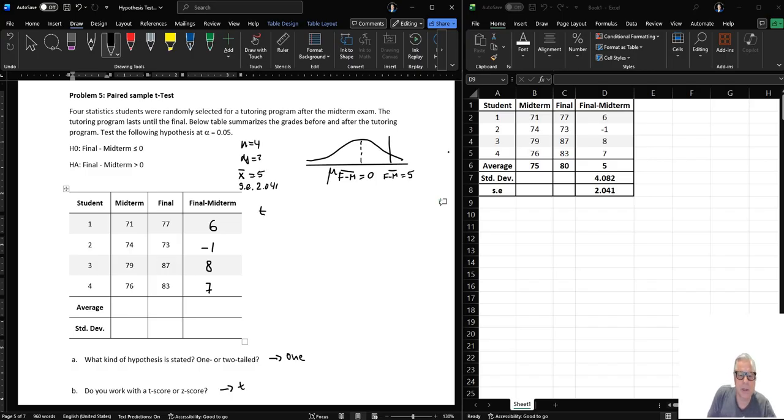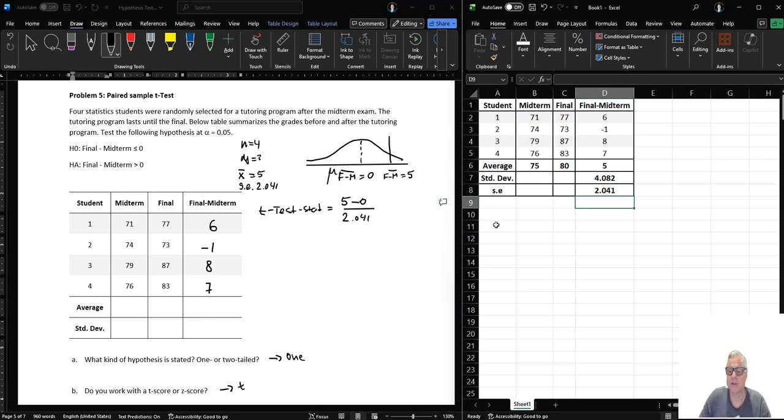So our t test statistic is 5, our average, minus the hypothetical mean of 0, divided by the standard error of 2.041.